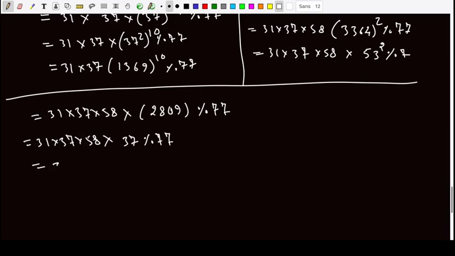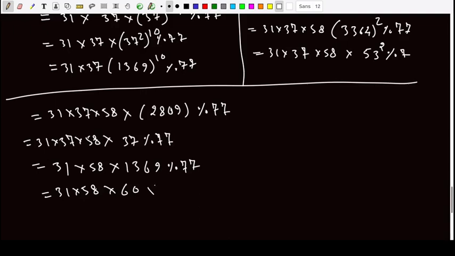Now this is 31 into 58 into, I'm just taking 37 in one term, and we know that 37 whole square is 1369 modulo 77. So 31 into 58, and if you divide 1369 by 77, the remainder is 60. Okay, so this is modulo 77.